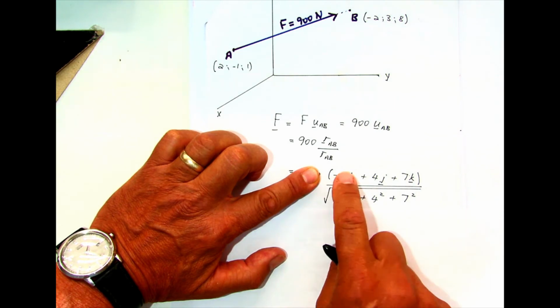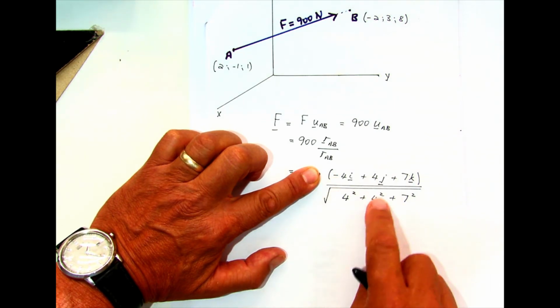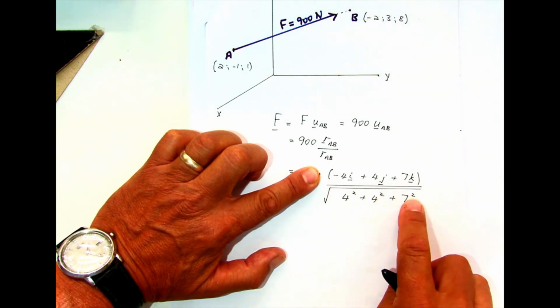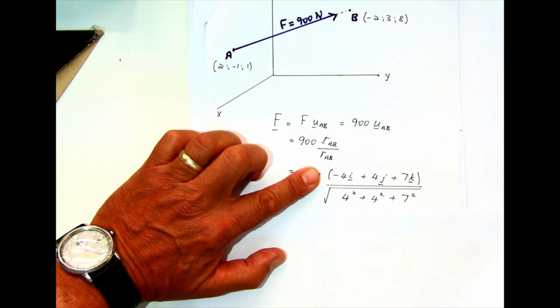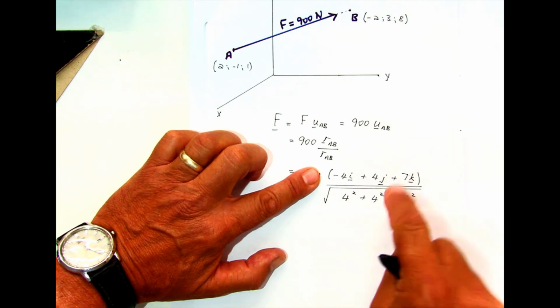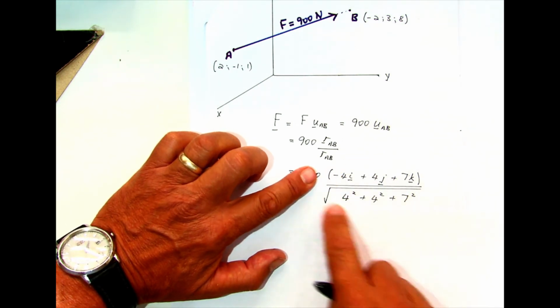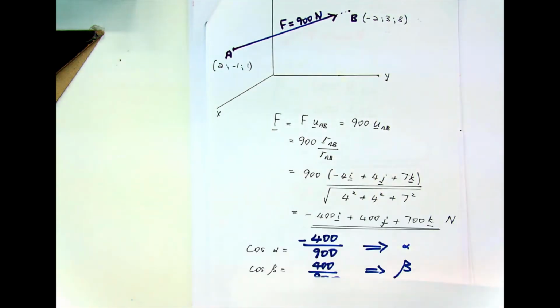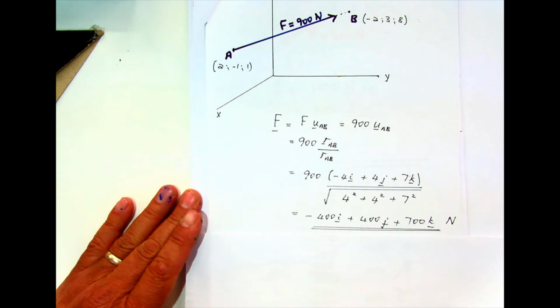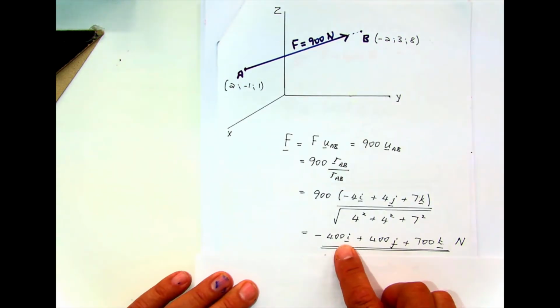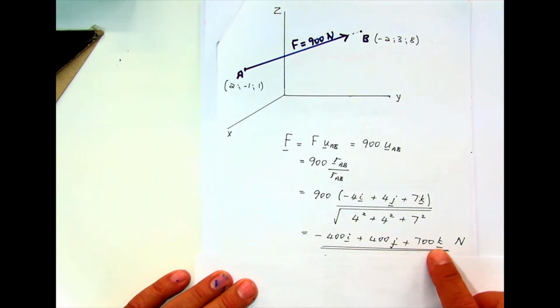Here you have minus 4 over 9, plus 4 over 9, and 7 over 9. You work out the magnitude of that vector, the square root of all the components squared, then you get 1. This magnitude is 1. Okay, but there's your vector: 400 in the negative x direction, plus 400 in the y direction, and 700 in the z direction.